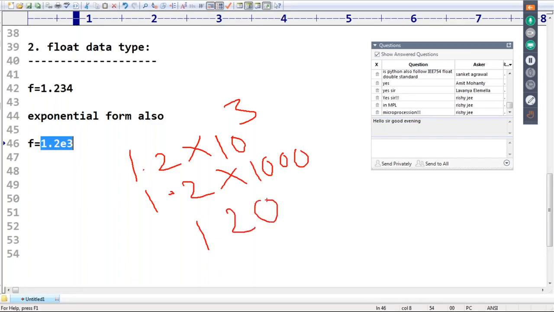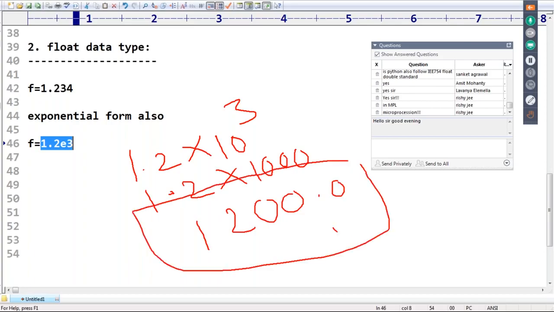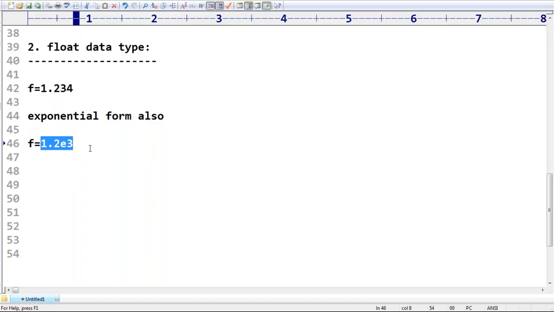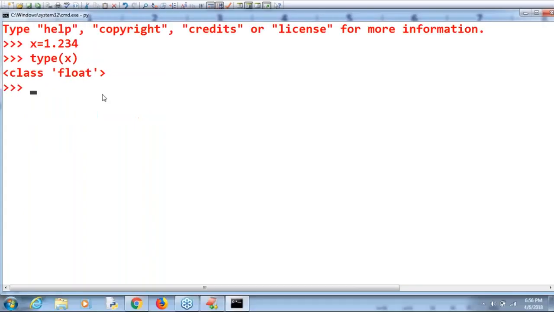So its value is nothing but 1200.0. Next, is it compulsory that we use small e or capital E? Any e you can use, no problem at all, sir. You can use either small e or capital E. Remember that, sir. Now have a look once, sir. x is equal to 1.3E3. What is the x value, sir?